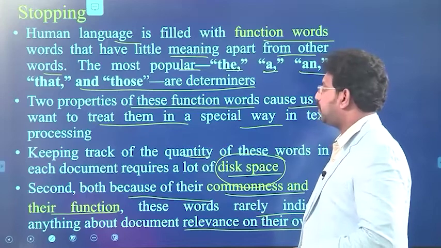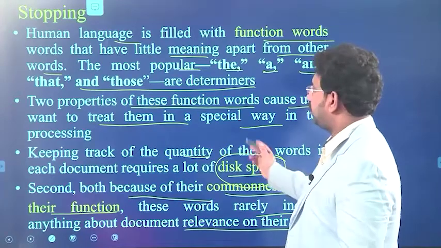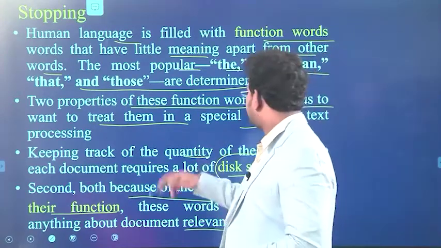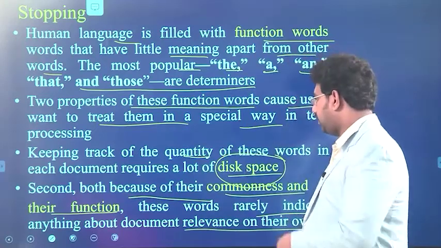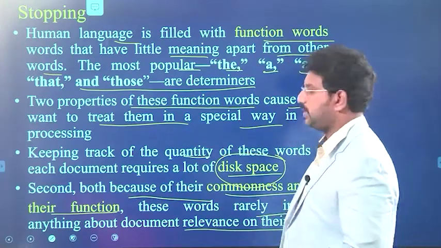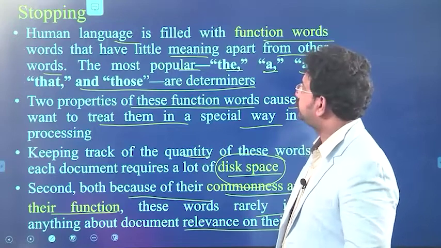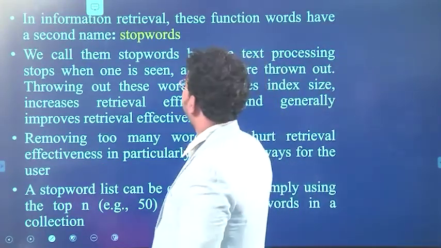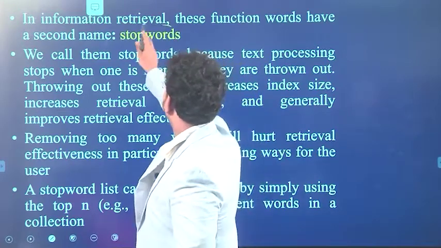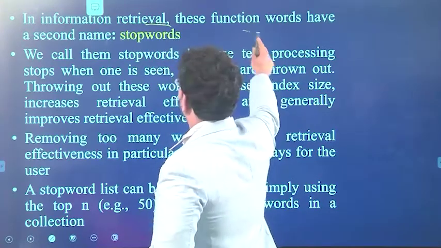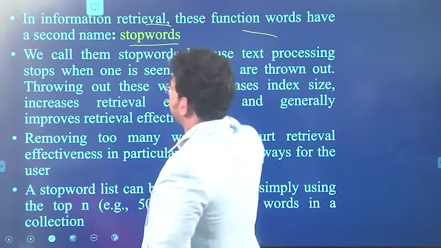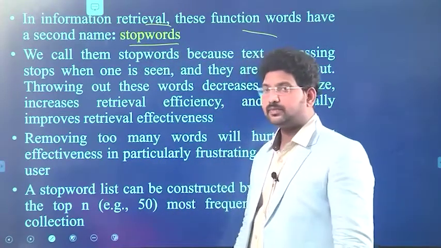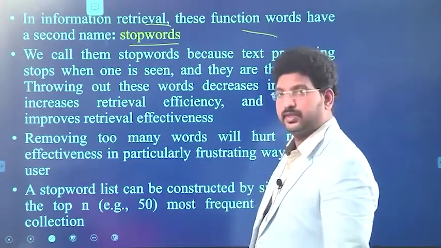So the two properties that cause us to treat these function words in a special way for text processing are disk space, and commonness and function. You can also call function words by another name. In information retrieval, function words are called stop words.